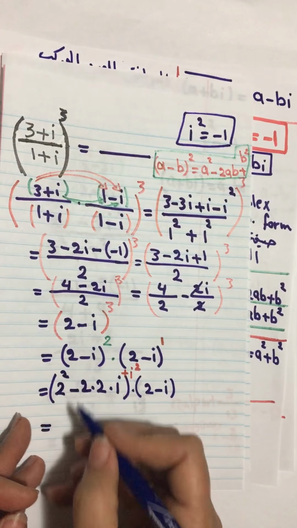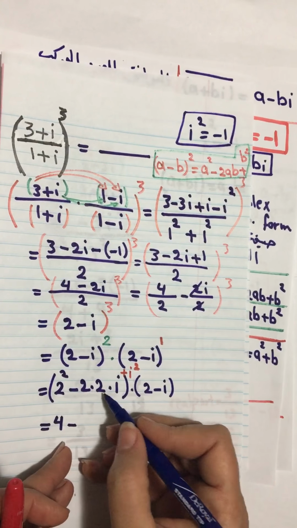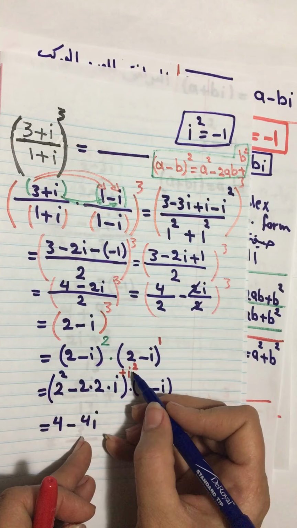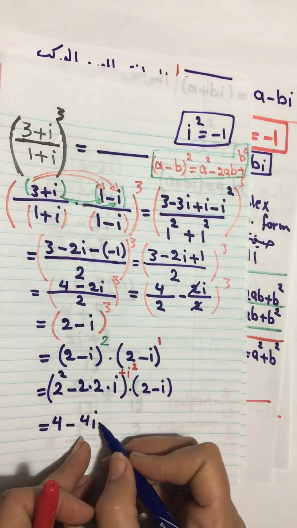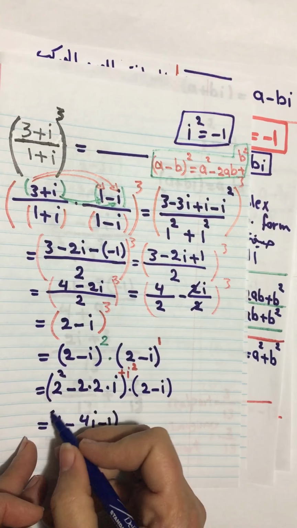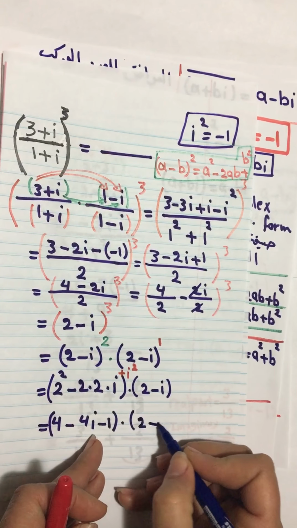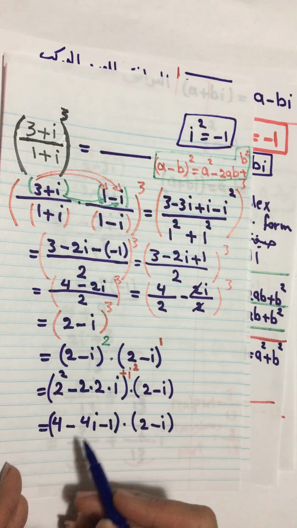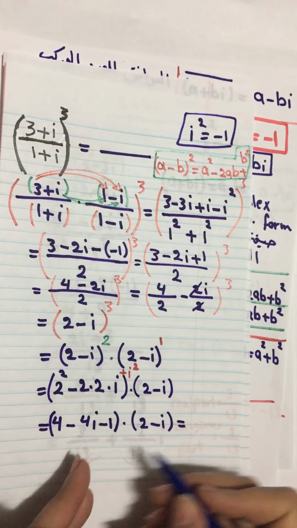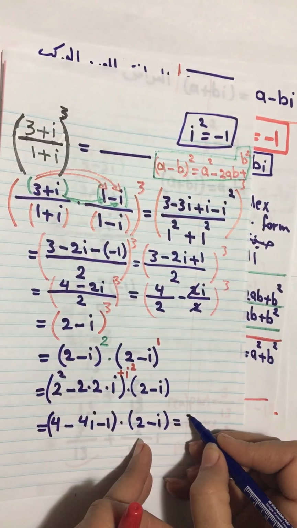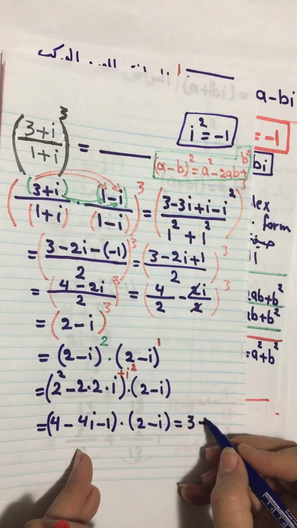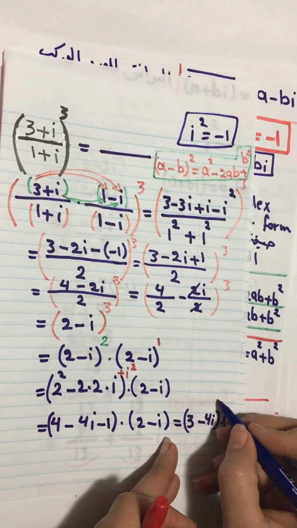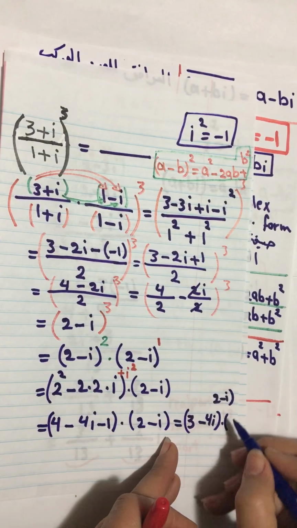So the answer is going to be 2 square is 4 minus 2 times i, 4i, and plus i square equals -1, so this is going to be -1, times 2 minus i. This one equals 4 minus 1, 3, minus 4i, times 2 minus i.